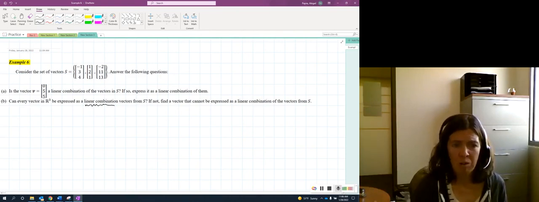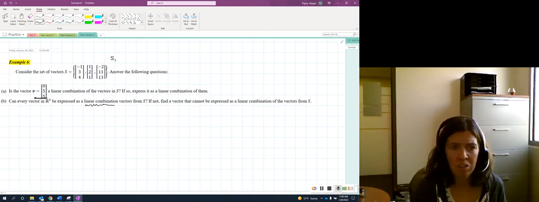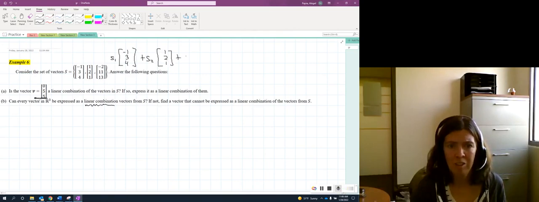With part A, we were asked specifically, can we express this vector, 0, 5, 5, as a linear combination of the vectors in this set? And the answer was yes. Now what we want to know is, can I take a linear combination of the vectors in S? Let's say this is scalar number 1 times the first vector plus scalar number 2 times the second vector, scalar number 3 times the third vector.